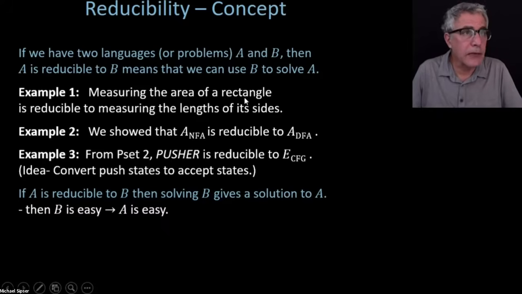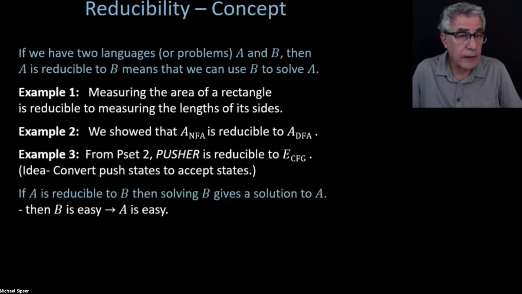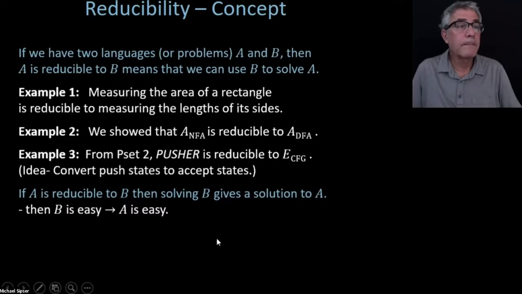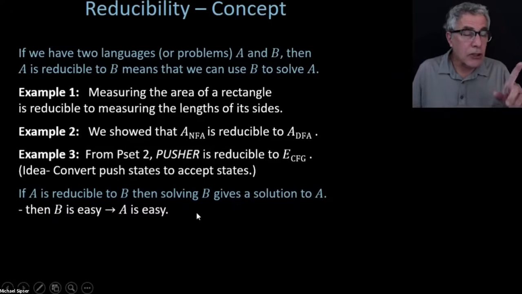Maybe that's clearest up here in example 1, where measuring the area might seem at first glance hard, because they have to walk out over the whole area, but it's not hard, because you only have to measure the length and the width. So the fact that B is easy tells you that A is easy. But actually, this is not the way we're going to be using it most typically.